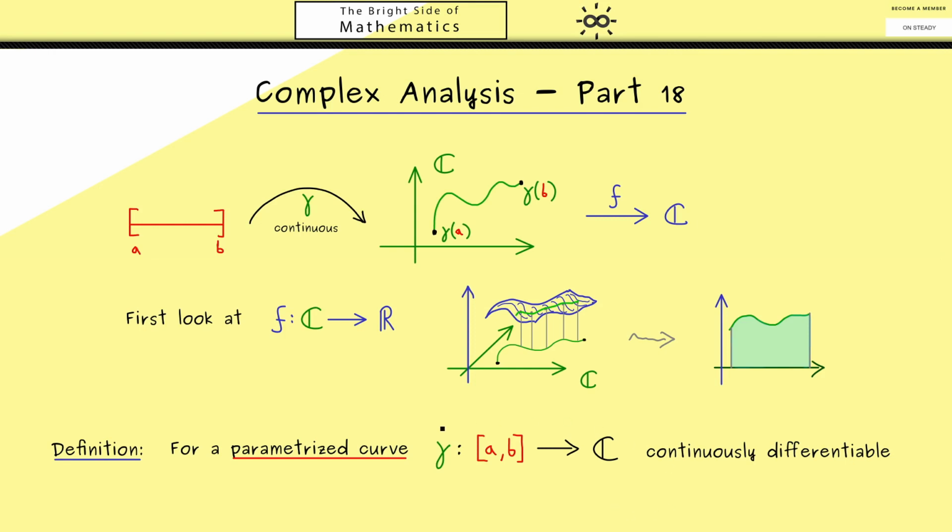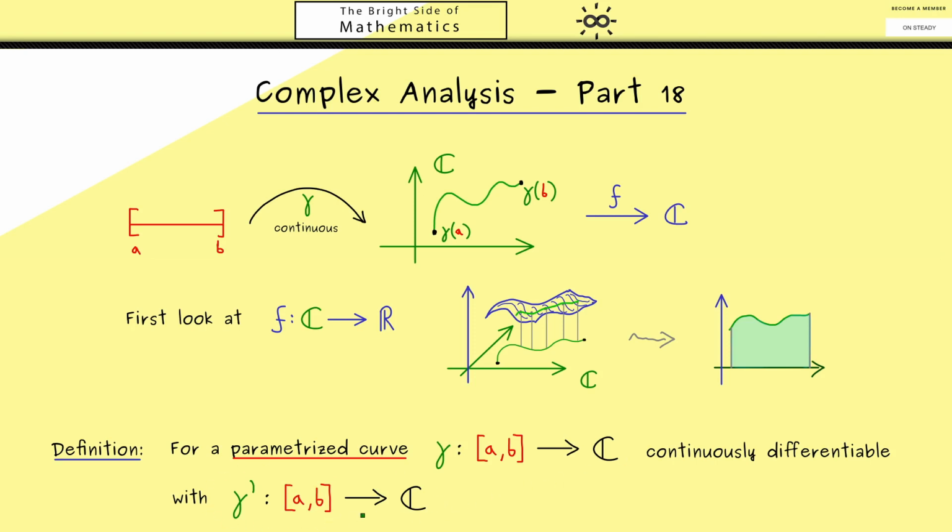Now, the visualization is the same as above, so we have a starting point gamma of a and an endpoint gamma of b. Hence, when you go with your variable through the interval, you go through the curve here in the plane. However, now we also have a derivative gamma prime. It has also the domain [a, b] and it maps into the complex plane as well.